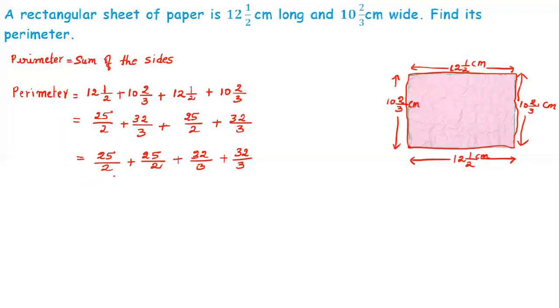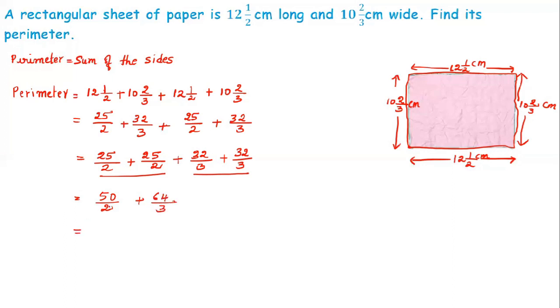That is called the associative property of addition. Now add this together and add this together. 25/2 plus 25/2 is 50/2. You have to add only the numerators. Keep the denominator as it is. 32 plus 32 is 64/3.